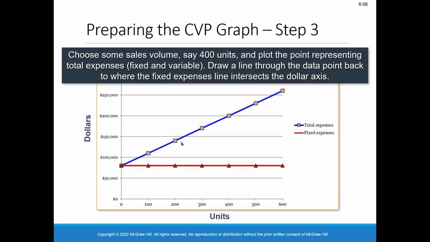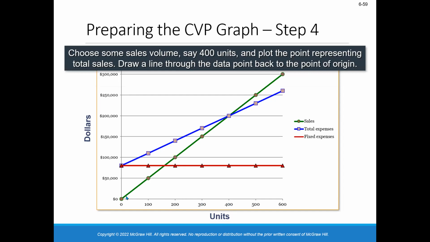So the blue line now is your total expense, with the cost points based upon each 100 sold units. Now we will add the sales revenue to the chart. Sales revenue is the green line starting from the origin, because 0 units means 0 sales revenue.